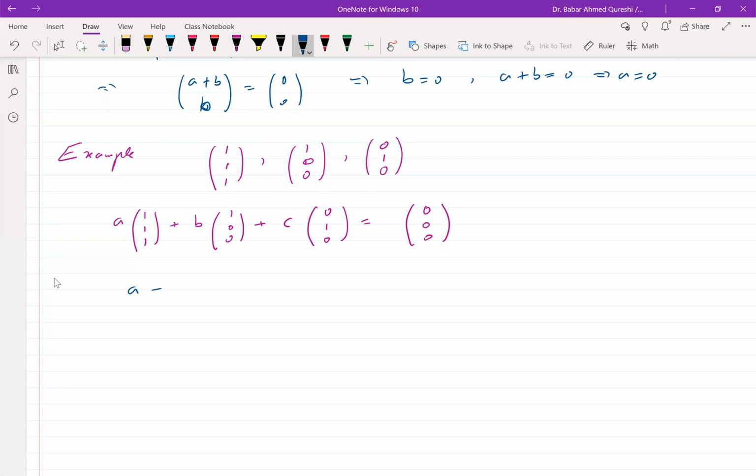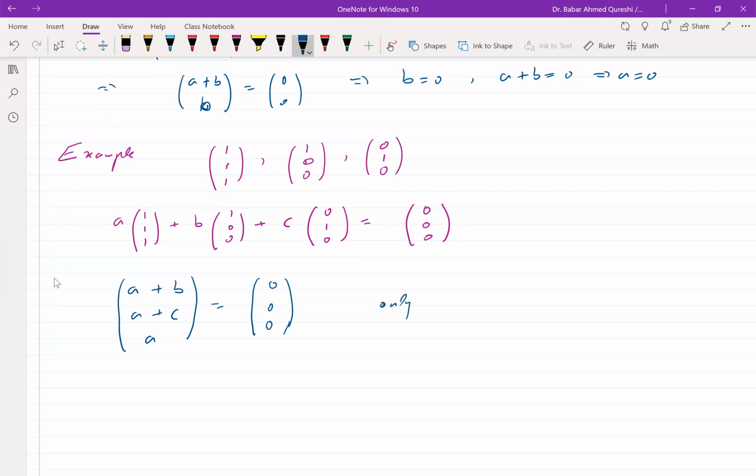So you get a plus b and a plus c and a. So you can easily see this implies a is 0, but then the above equations imply b and c are also 0.